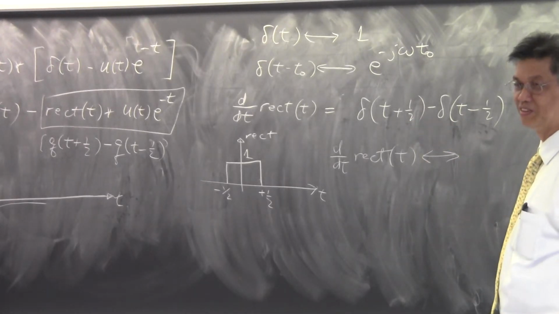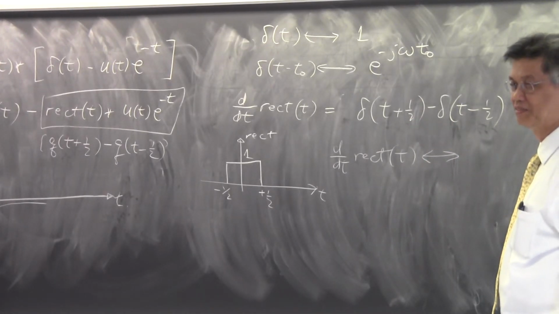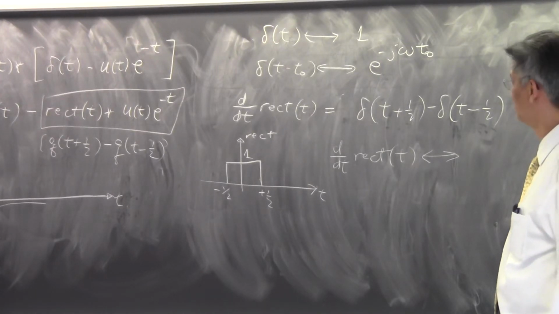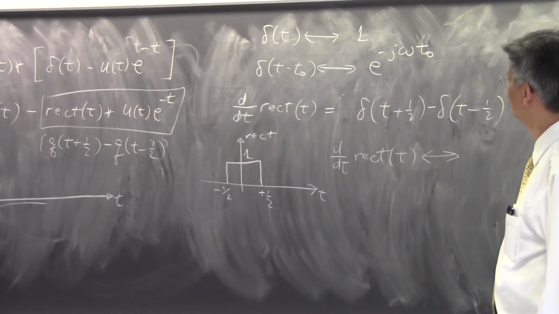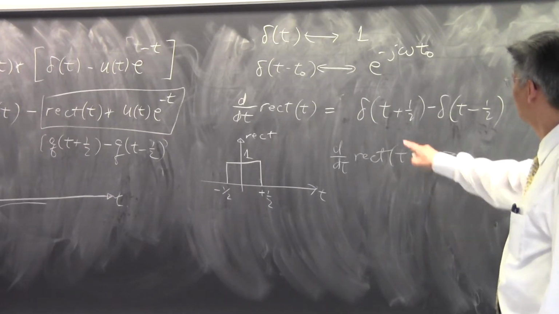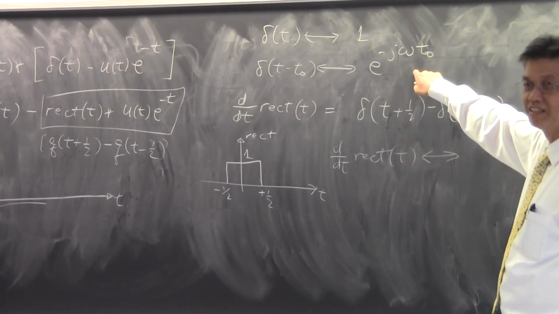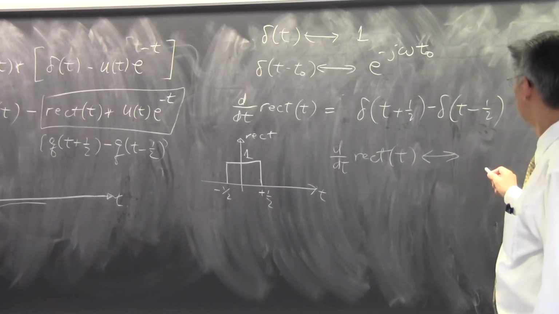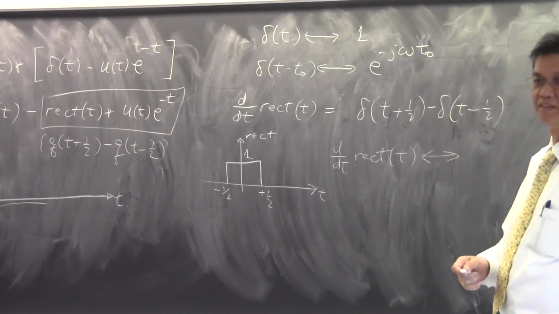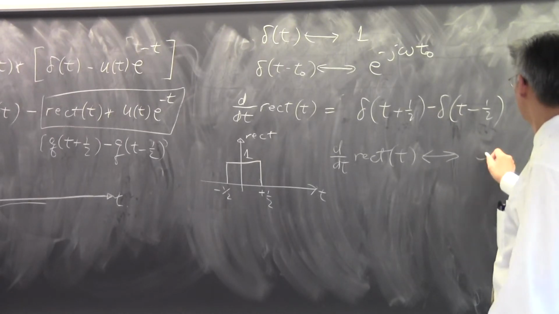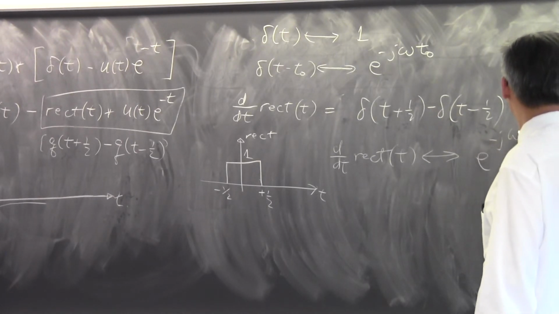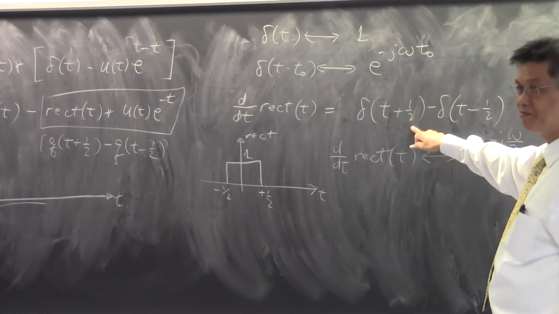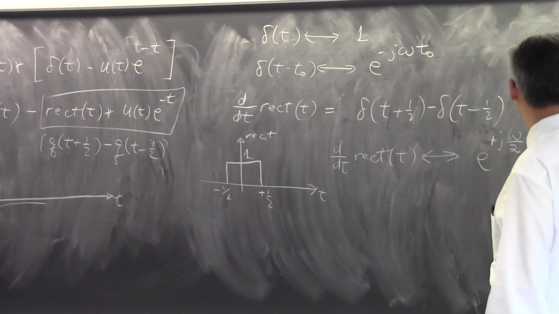If you Fourier transform these two terms, what do you get when you Fourier transform the first one if you apply this formula? Anybody? E to the negative j omega over 2. I think it's just j omega plus 2. Because you're plugging t naught as negative 1/2. Negative, so it should be this, right?